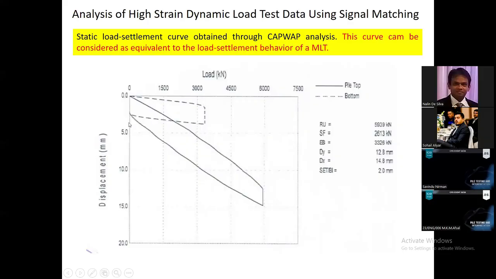This one shows the pile bottom load settlement behavior. So this is equivalent to conducting a static load test. So you can see the PDA test is a very versatile test, and it has a lot of applicability in the analysis of pile capacity.